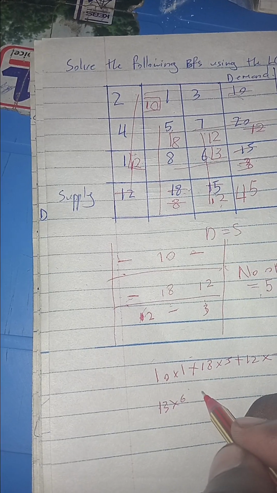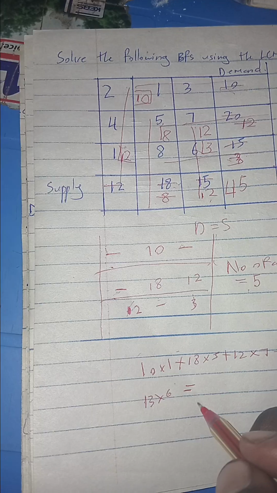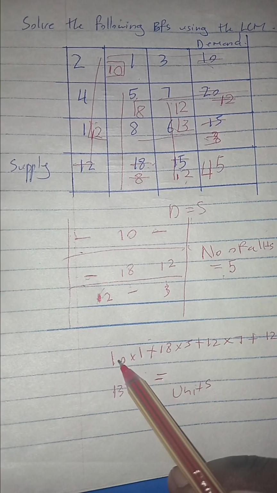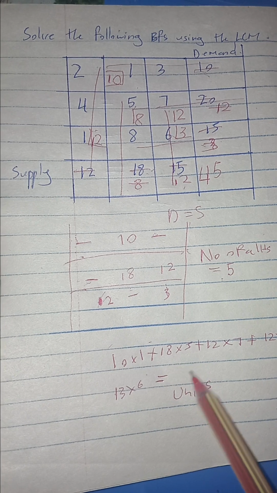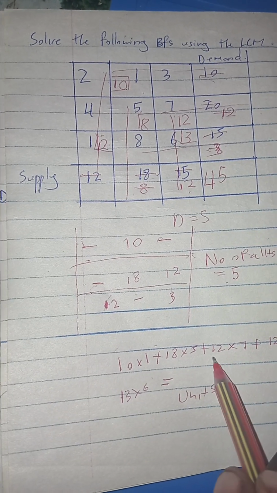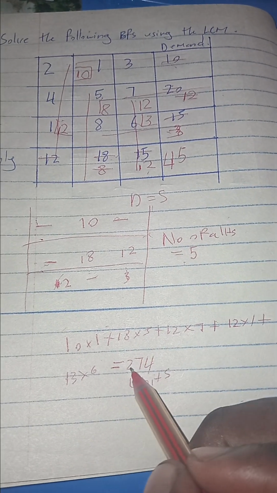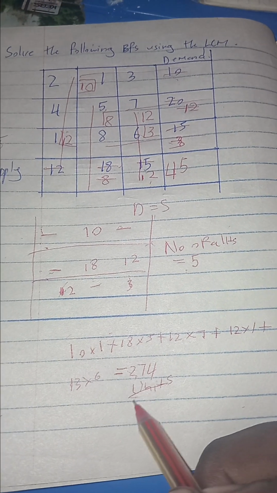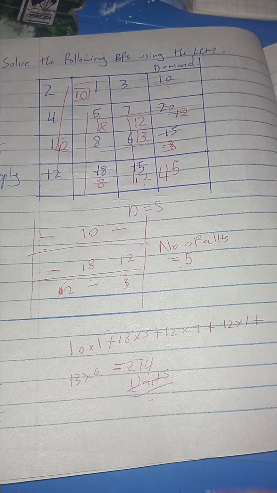Then we find the total. So we have 10 times 1, which is 10, plus 18 times 5, 12 times 7. Yes, our total is 274. Now this is our total cost. And this is the least cost method.